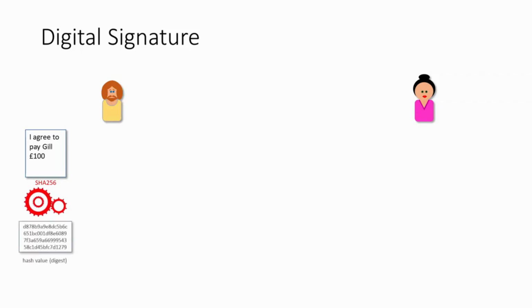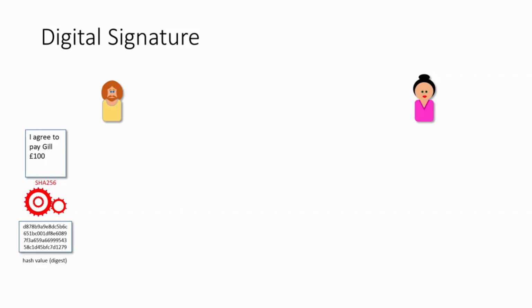SHA-256 takes a copy of the document text and subjects it to a sequence of complex mathematical calculations and other transformations. Remember, as far as the computer is concerned, the document consists of binary ones and zeros. The result is called a hash value. It's also referred to as a digest of the document.